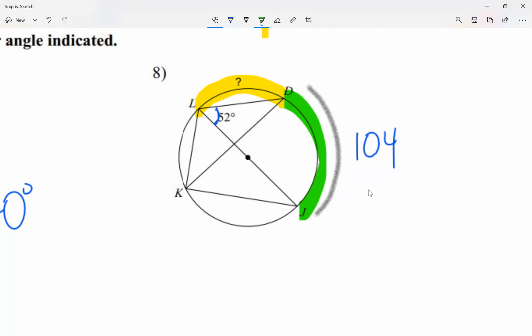I know 180 minus 104 is 76. So I'm going to call this arc 76, because I know those two arcs combined is 180. So there, I figure that this arc is 76 degrees. Done. Now let's take a look at question number 9.